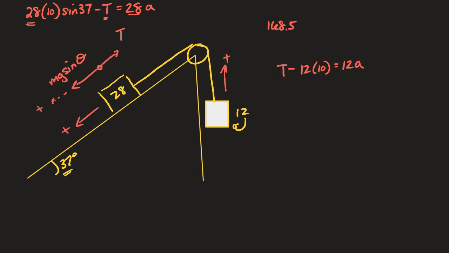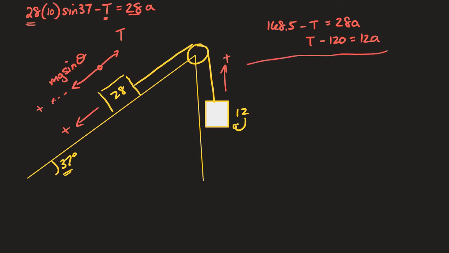Okay, I don't want 9.8. All right, 168.5 minus T equals 28a. So I'm good right now. I can stay with this. And this is T minus 120 equals 12a. That okay? Am I all right, guys? 12 times 10? We good?